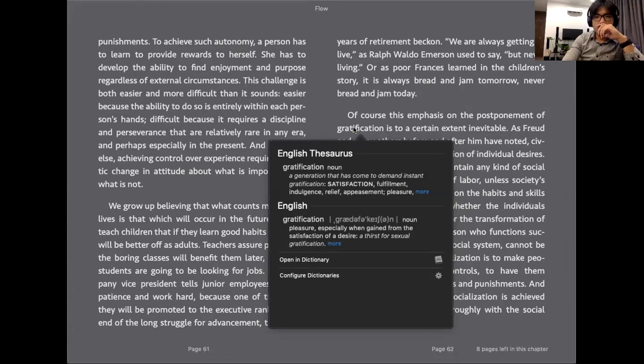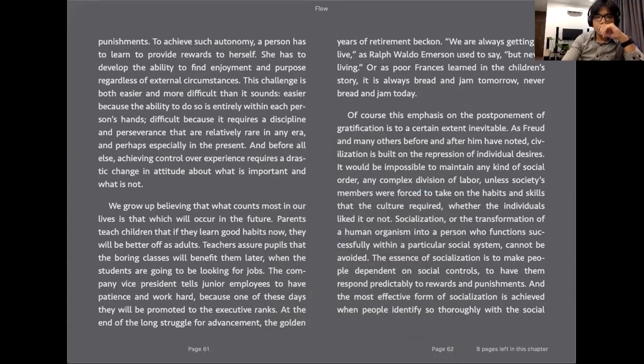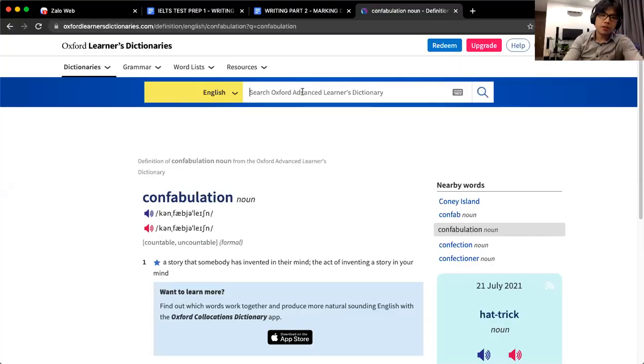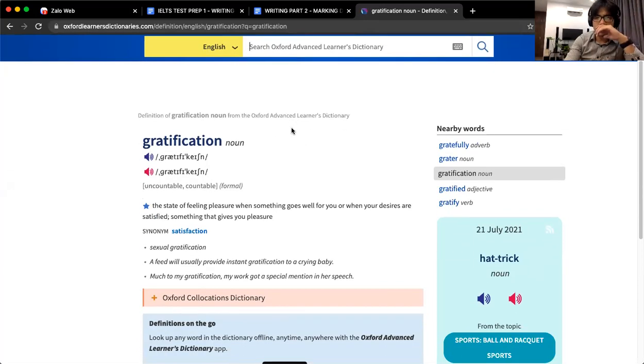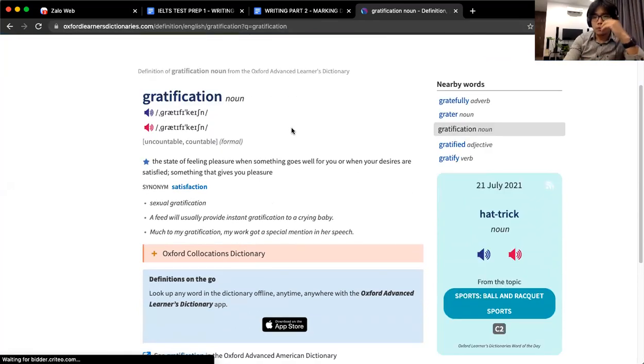Or this word, gratification. I love this one. So most of you know the word satisfaction. Agree? But satisfaction conveys a different meaning from gratification. When we talk about pleasure, instant pleasure, something you get from doing something you like, we call it gratification.